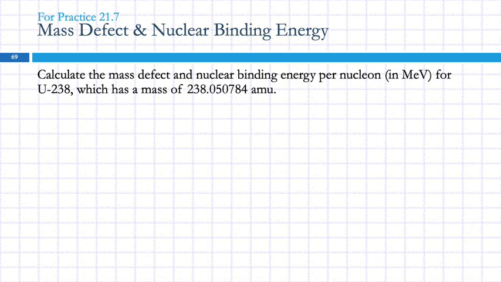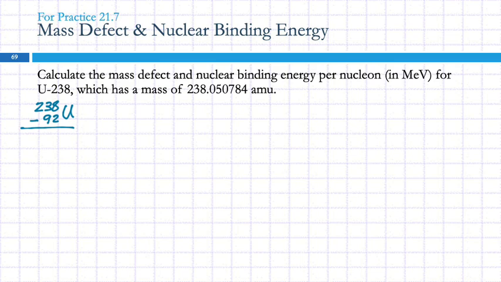So we need to know how many protons and how many neutrons there are, and then we need to know the mass of each of those things. So uranium-238. That's the mass number, and it has 92 protons.